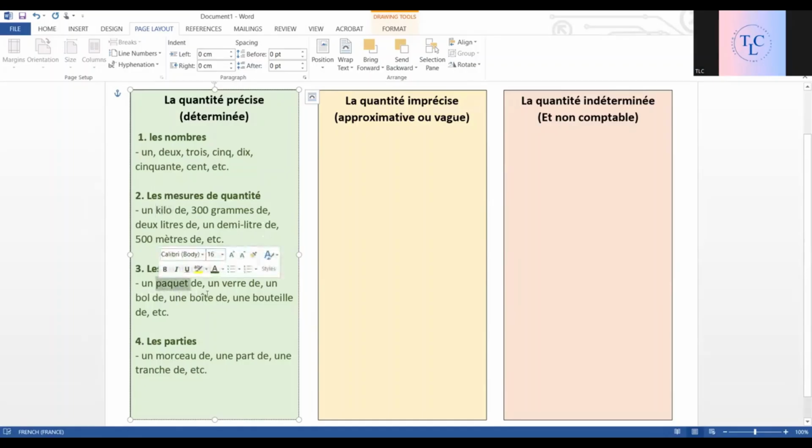Then un paquet de chips, a packet of chips. Une boîte de chocolat, a box of chocolates. Un morceau de fromage, a piece of cheese. Une part de gâteau, a slice of cake. Une tranche de pain, a horizontal slice of bread. So that's how you can use it.